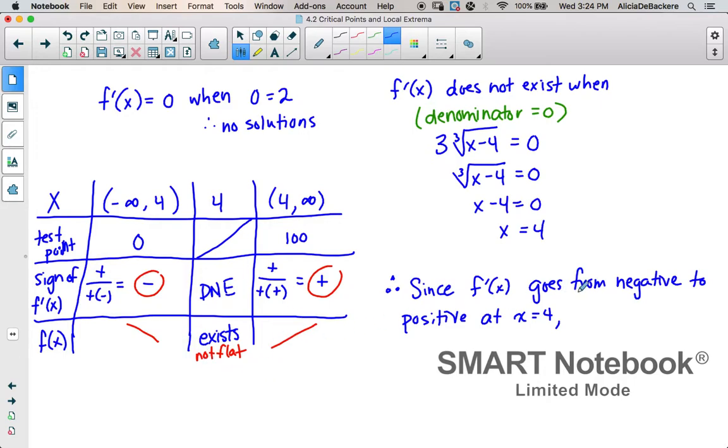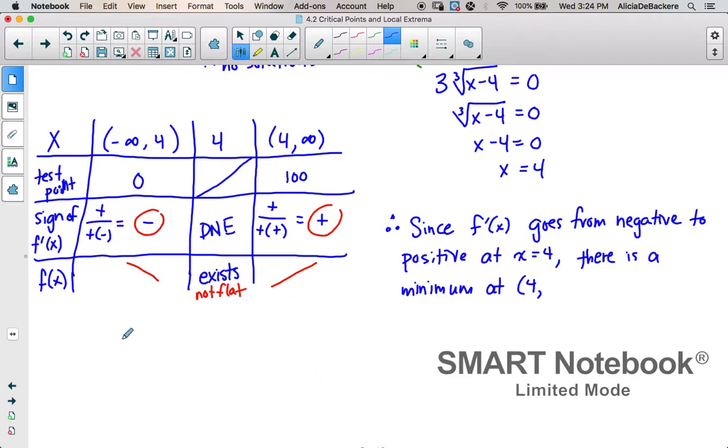I've got a minimum here. And I've forgotten to find my y value. So I need to go and find my y value here. I'm going to plug it in. And I said it out loud, but I didn't actually calculate it. So I do need to find the value of the function.